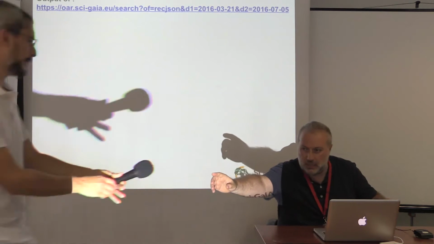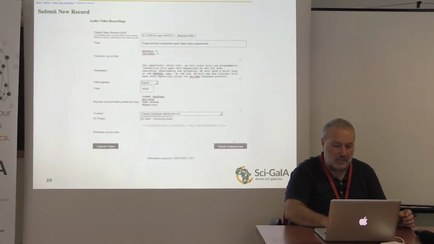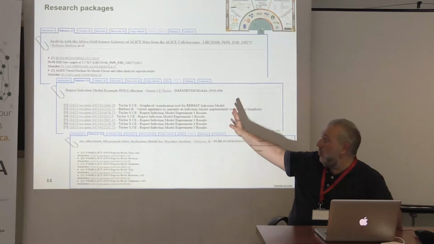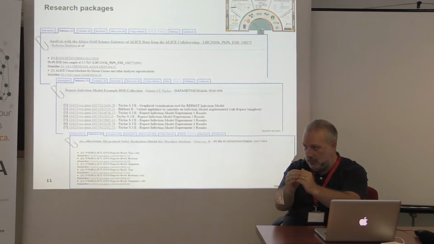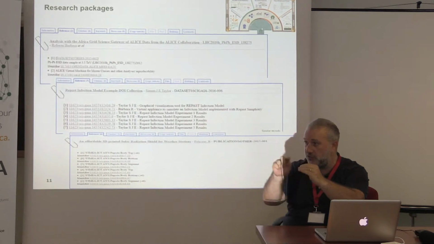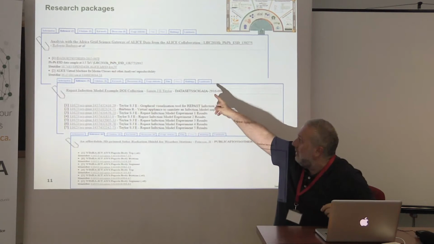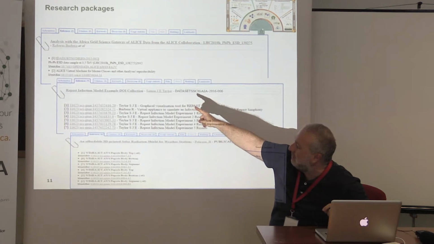Let me go back to one of the slides I presented. It's always the concept of research product. When you upload something, you can say this is related. So the concept of reference: the data analysis is related to the data sets.